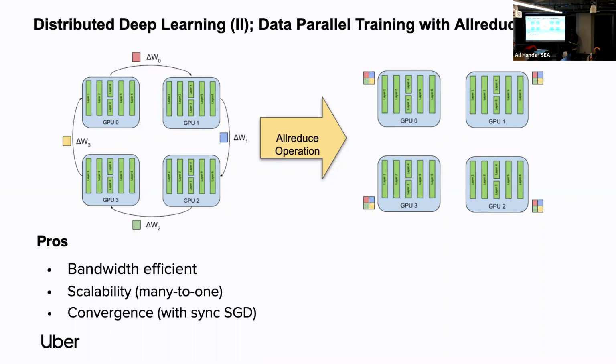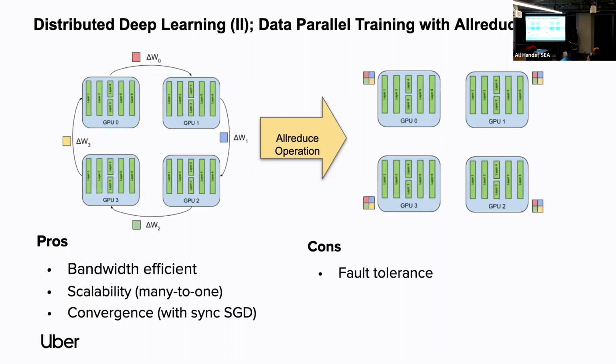And it actually has better convergence because you can use synchronous SGD. So what does synchronous SGD mean? Everybody does one step of training, you average it, and then everybody applies that average gradient at the same time to their local version. The con is that it's not as fault tolerant, especially compared to asynchronous SGD.